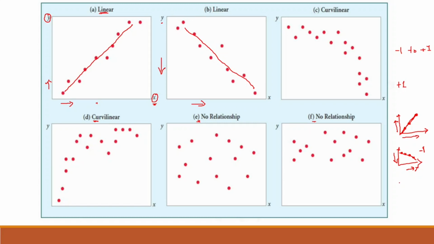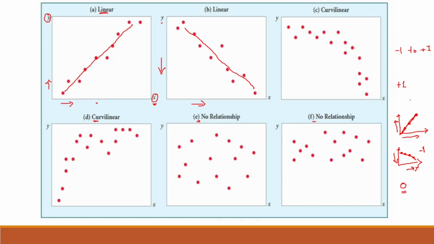Now what if the value falls around 0? 0 means there is no relationship at all. If I apply the algorithm on this E and F, I would get a correlation of 0, which indicates that there is no relationship between the dependent and independent variable.